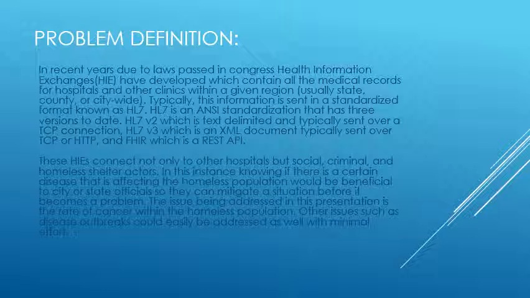They just want data from everyone, so that they can basically help their population as much as possible. So for this problem, what I was looking for is, how can you analyze if there is an instance of a disease or a condition of some kind within the homeless population. So this is connecting to an HIE in Colorado, and that sent in its medical data about homeless patients.